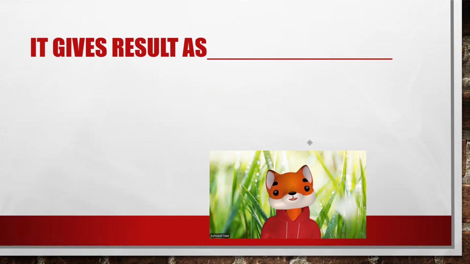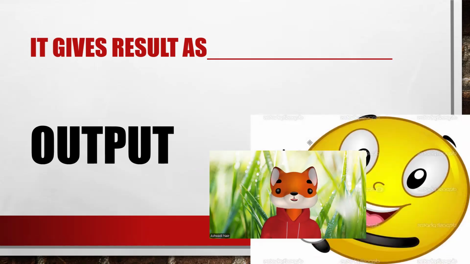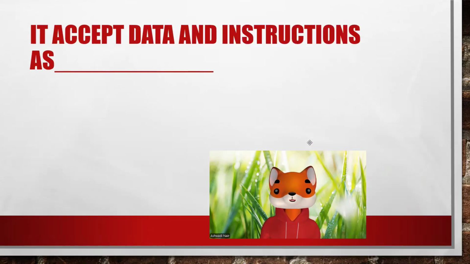The next is how it gives the result. From where, how will it give the result? With the use of an output device, it will give the result. The last and final question of this section is: it accepts data and instructions as, how will it accept?